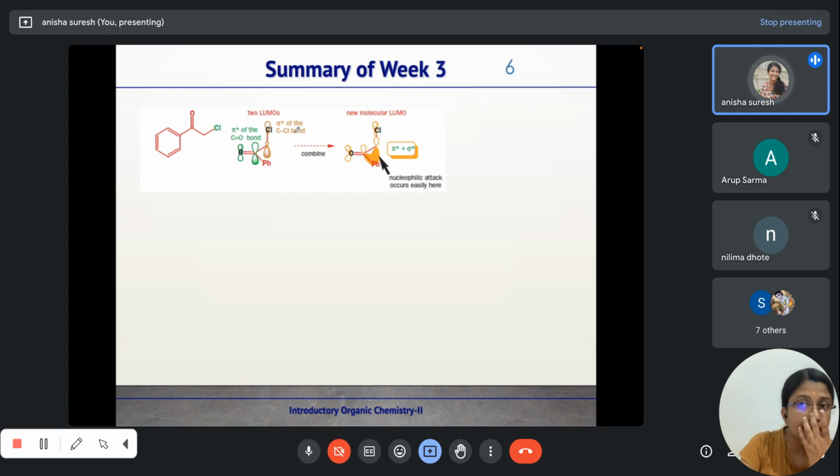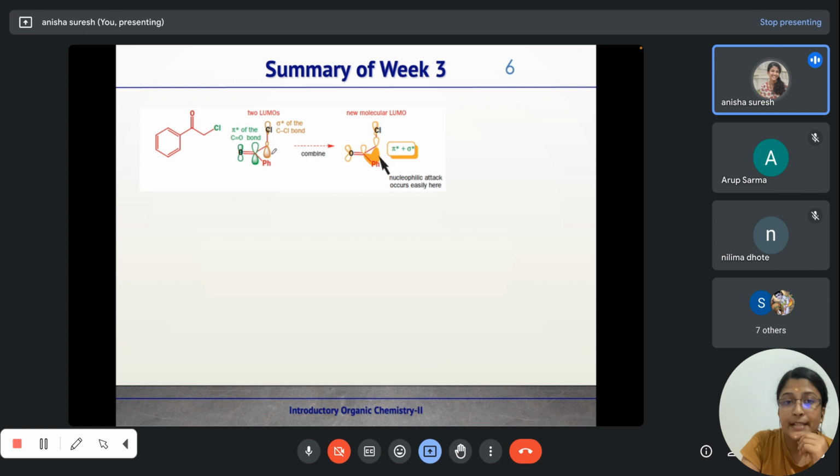In the case of an SN2 reaction, we have seen that the nucleophile will attack the sigma star of the C-Cl bond. So in this case, the pi star of the C=O bond and the sigma star of the C-Cl bond can combine. We can see both have the same phase, right?